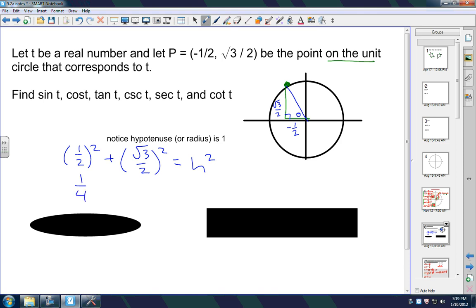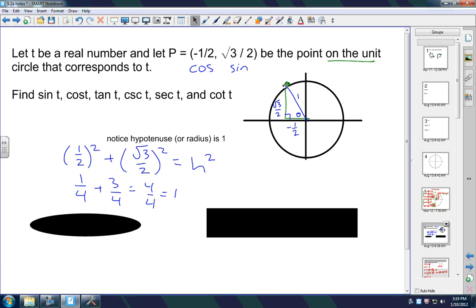So 1/4, this is 3/4, equals 4/4, which is 1. Square root 1, you still get 1. So this radius is 1. Okay, now because the radius is a 1, we can directly say this is cosine. We can directly say this is sine. But if you have your triangle, you can grab those just as well.